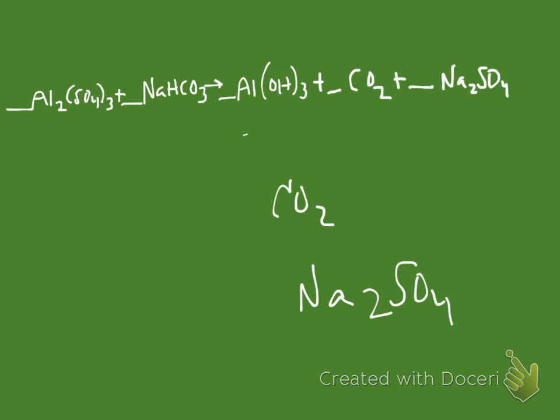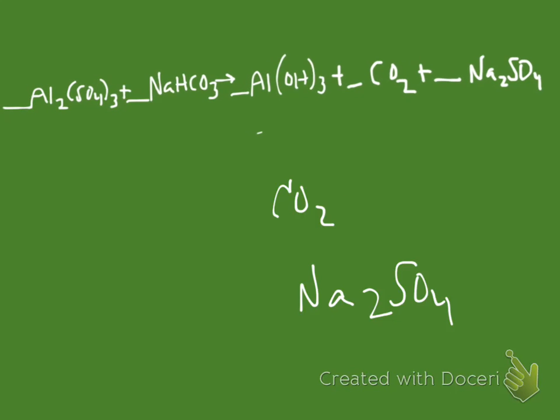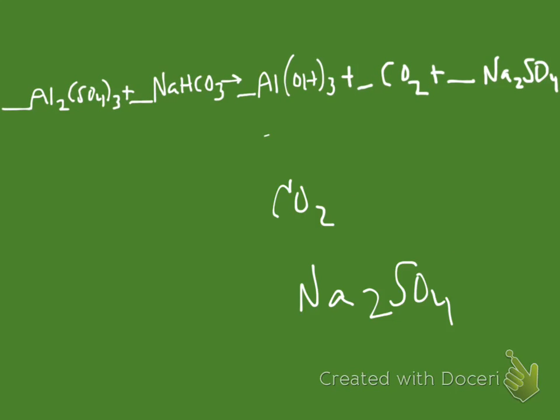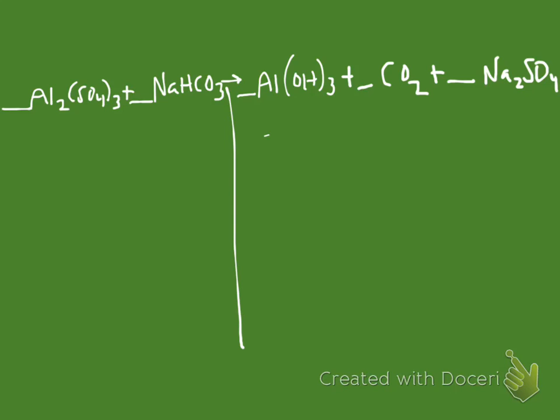Okay, let me expand this enough that it's more readable. Okay, so in this one, there is one ion that we can go ahead and leave as an ion, and there's one we can't. Our sulfate ion stays intact.